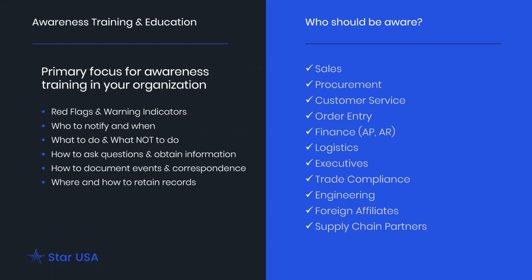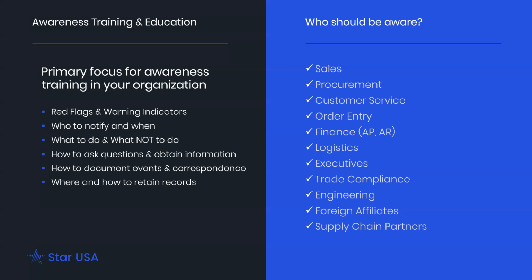And lastly, your supply chain partners, communications with your forwarders, your brokers, the steamship lines, whoever you're dealing with, making sure that they are aware of things to look out for, when to advise you of things like a diversion in the transit of the goods.